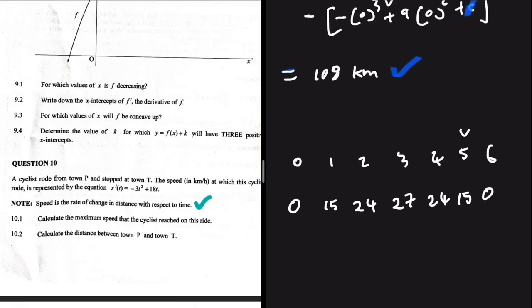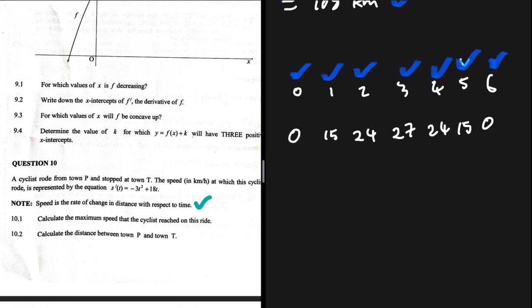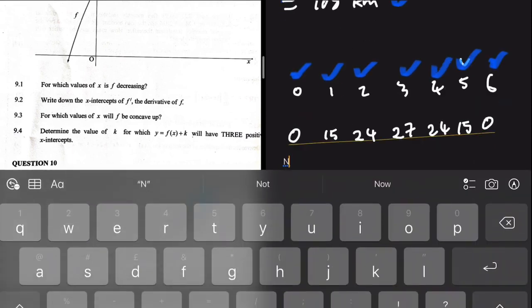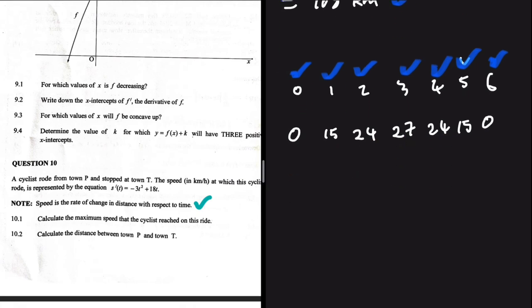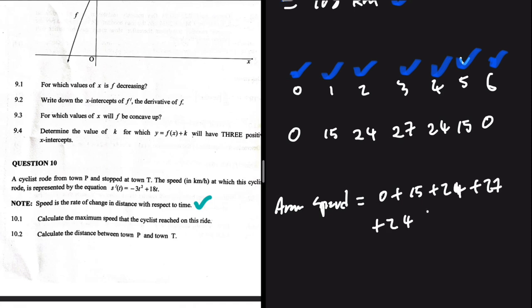So yeah, this is the speed for each hour from t equals 0 up until t equals 6. So we can find the average speed here, right? So the average speed is going to be equal to 0 plus 15 plus 24 plus 27 plus 24 plus 15 plus 0, and we divide all of these by 6 because we are finding the average, right?